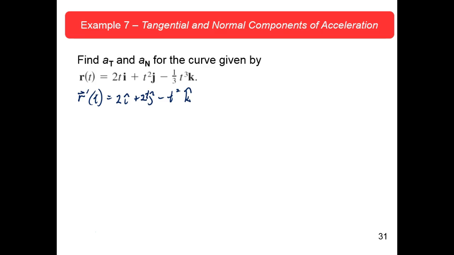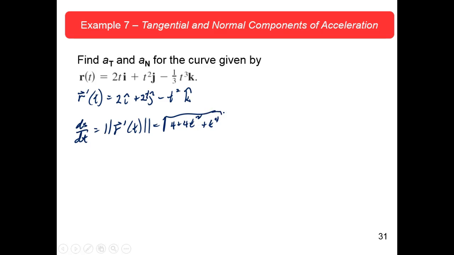Well, remember we want the speed, which is the magnitude of this. So the magnitude of this, which we're going to call our ds dt, that is your speed. S meaning arc length, not speed. Okay, arc length. Don't let that confuse you. That's equal to the magnitude of your r prime of t, which is the square root of 4 plus 4t squared plus t to the fourth.